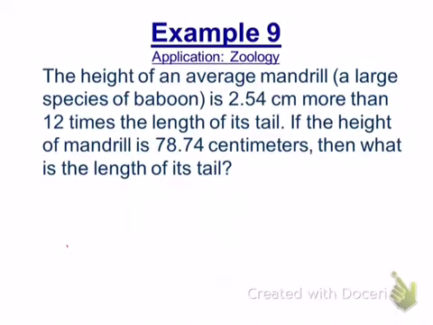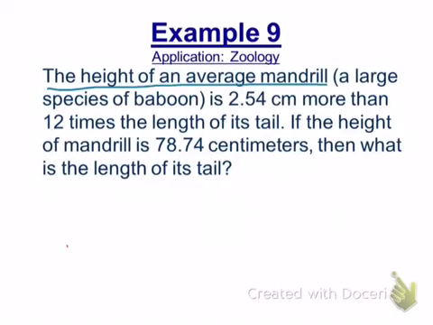All right. I need the equation from the sentence. What do you think, Elizabeth? Can you give me an equation here? Plus 2.54. Okay. All right. So y'all watch. Here's the equation statement.